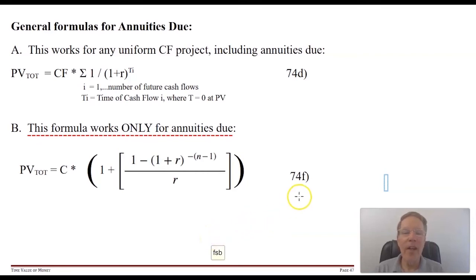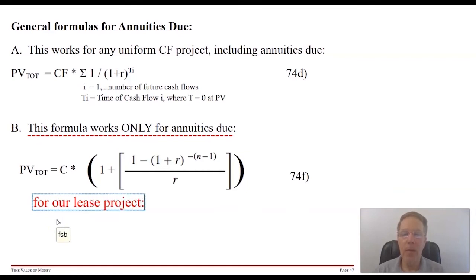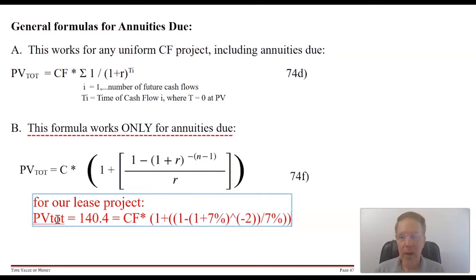So let's apply 74F to our lease project example and just confirm that the formula works and we can get the right answer here. So let's give it a shot. Okay, what we're going to have here is our PV total is equal to 140.4, and that's going to be equal to C or CF, either one, times this whole mess in here now with the numbers that we need, which are going to look something like that.